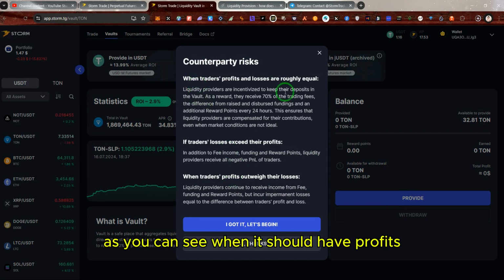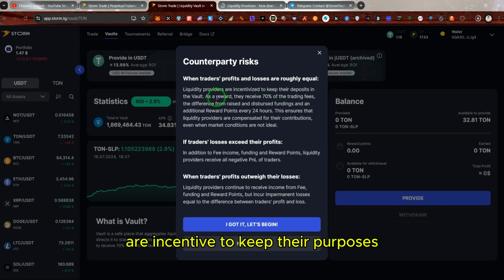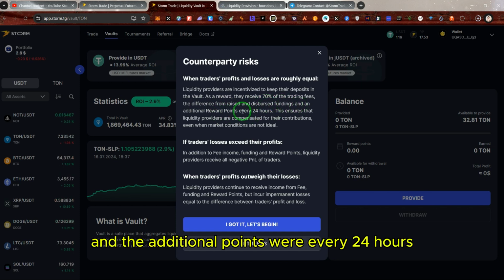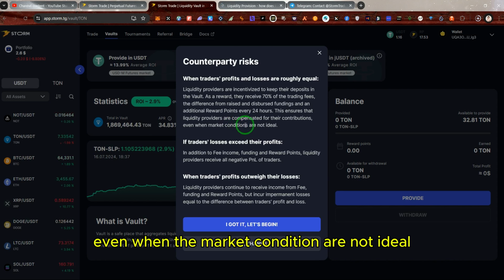As you can see, when the traders' profits and losses are offset equally, liquidity providers are incentivized to keep their deposits in the vault. As a reward, they will receive 70% of the trading fee, the difference from the raised and disbursed funds, and additional points rewards every 24 hours. This ensures that liquidity providers are compensated for their contribution even when market conditions are not ideal.